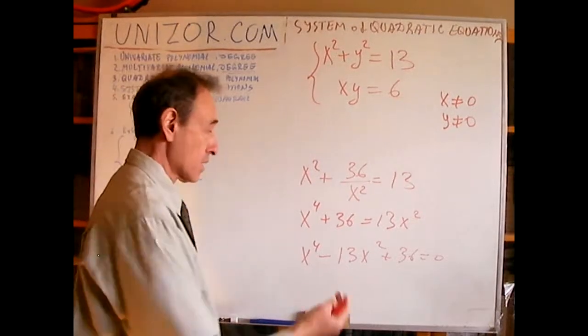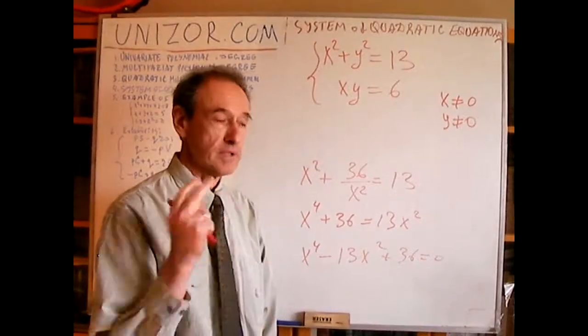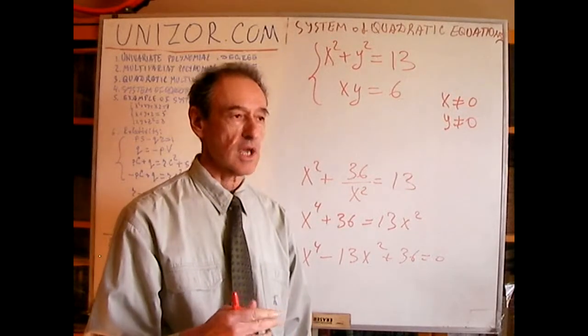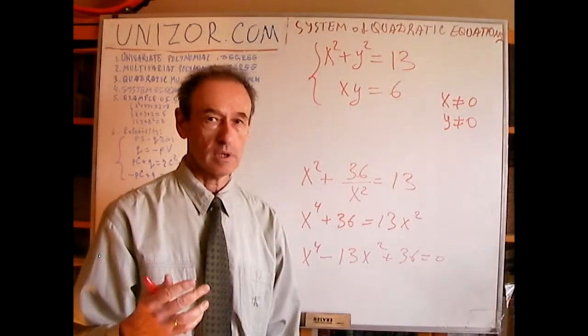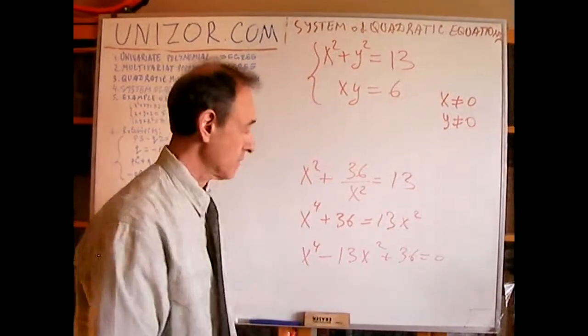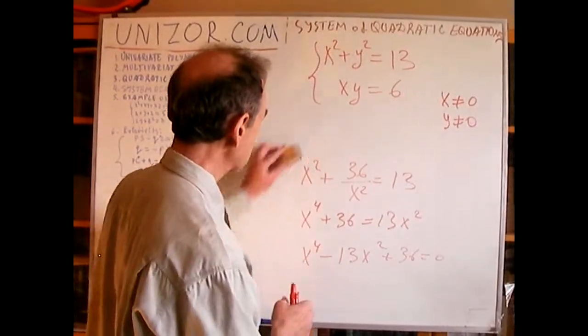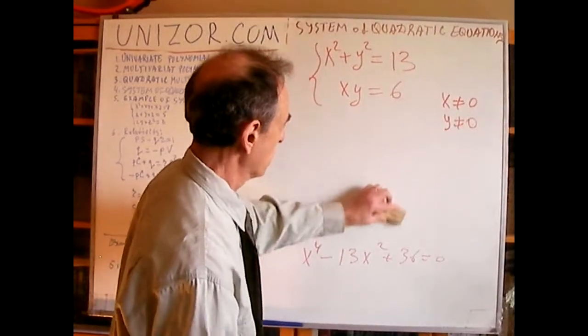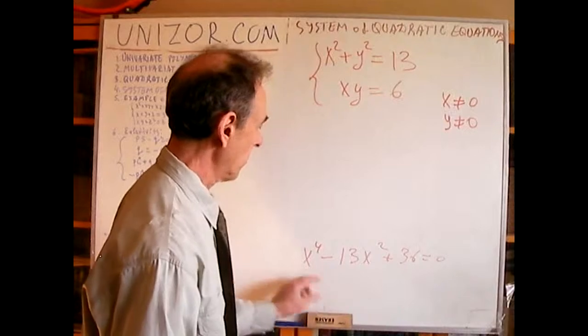Now, this is an equation of the 4th degree. But if you remember, in lectures dedicated to high-order equations of one variable, this is a special case. But see, what's special about this? Well, this is the 4th degree polynomial.